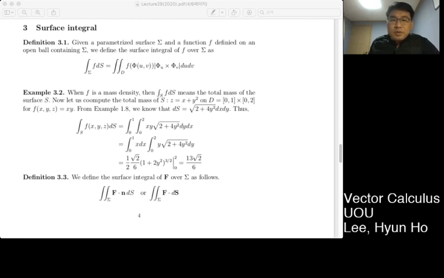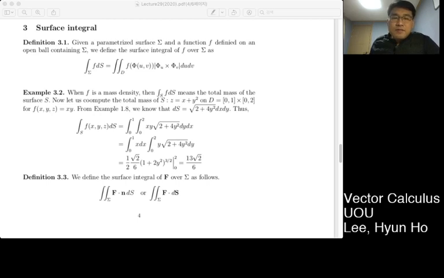The surface is initially denoted by S as the first letter, but we already used S for the surface area element. So rather than using S again, we are now denoting the surface by sigma.